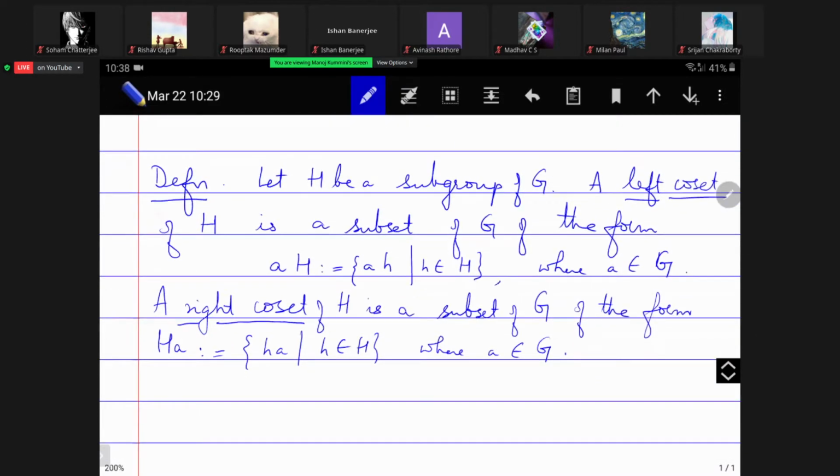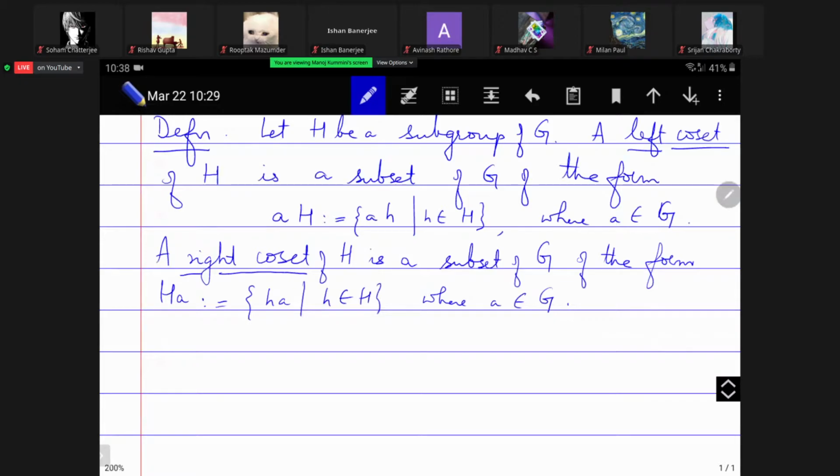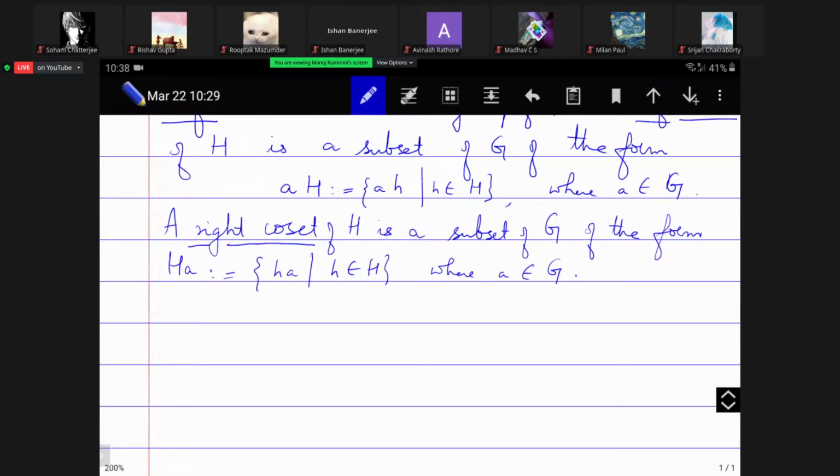Okay, so why do we look at this? So let's make a quick observation about cosets. Lemma.